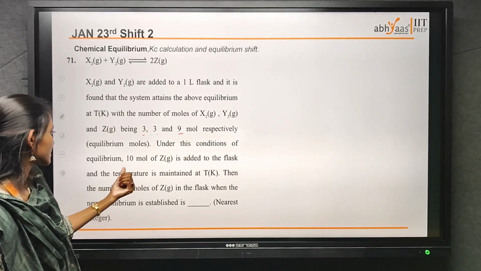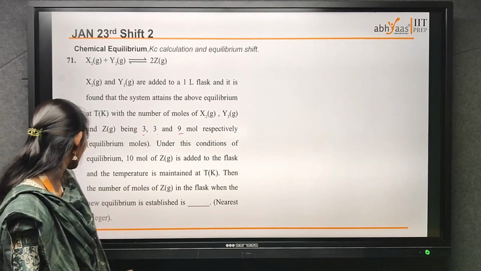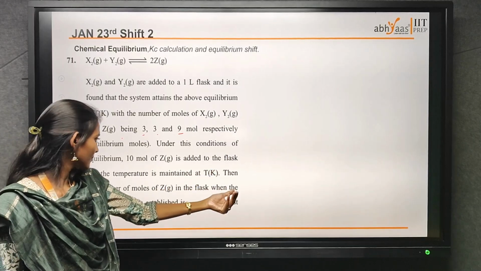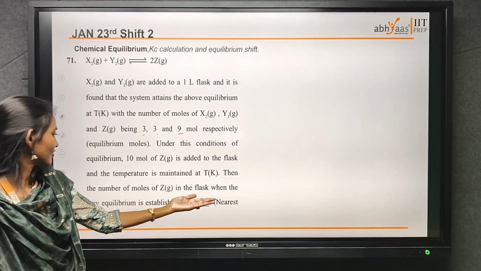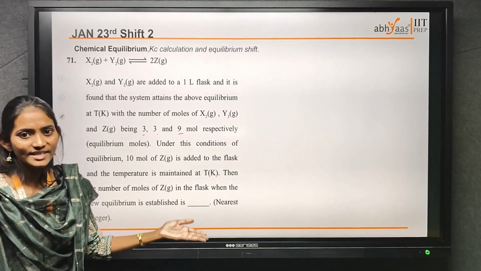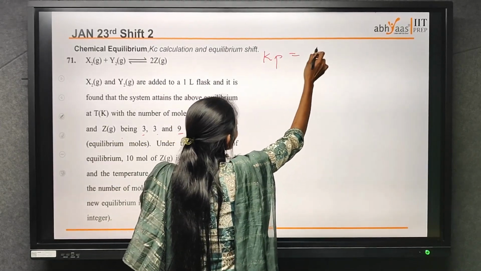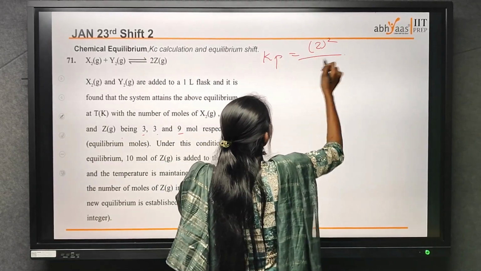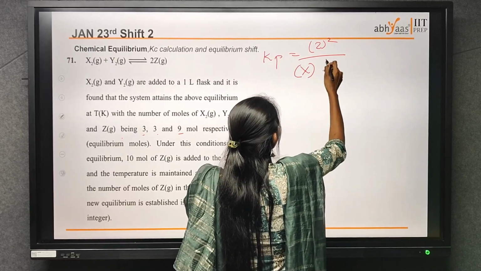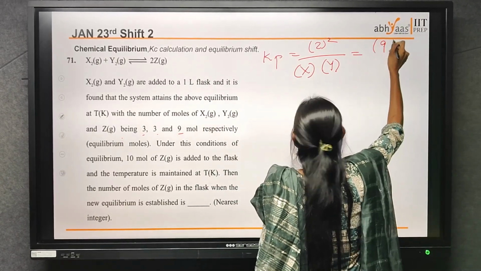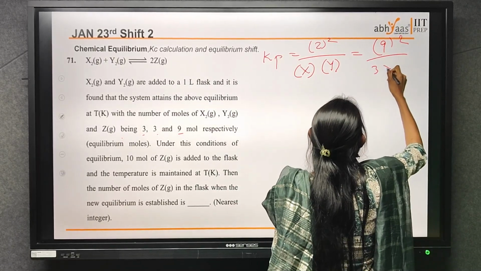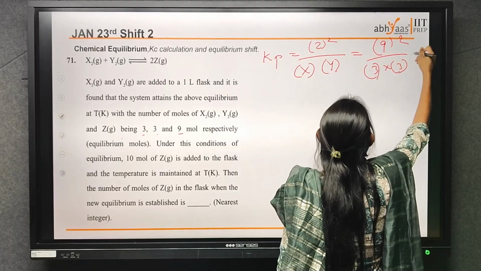Under these conditions, 10 moles of Z is added to the flask and the temperature is maintained at T. Then find the number of moles of Z in the flask when the new equilibrium is established. So the equilibrium constant is Z square by X into Y. If you substitute the values, 9 square by 3 into 3, hence it is proved.